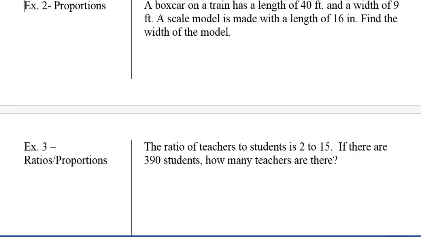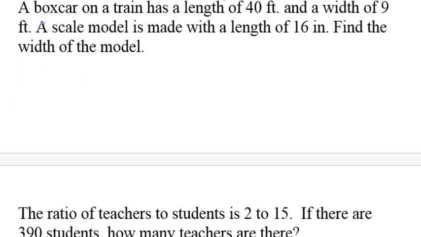If we have a word problem that says a boxcar on a train has a length of 40 feet and a width of 9 feet, and the scale model is made with a length of 16 inches, find the width of the model. So I want to find this width of the model. Remember, we always want to write it in words first.